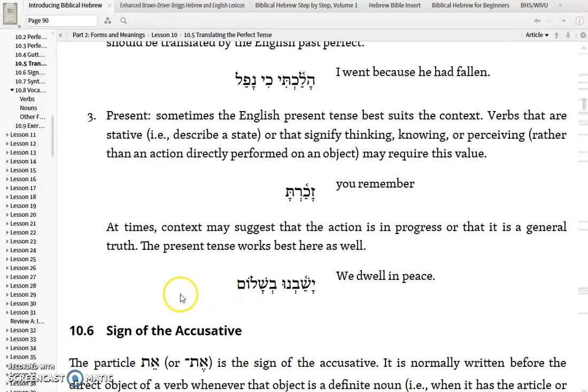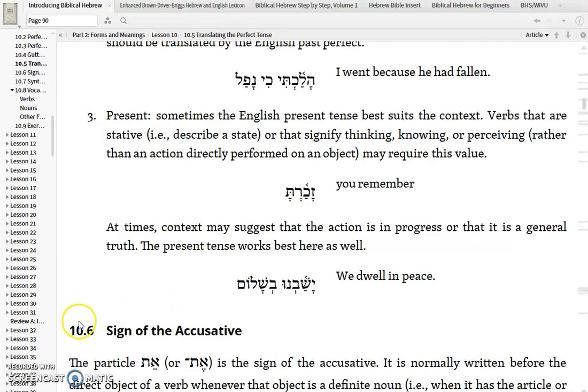And at times, context may suggest that the action is a general truth, and present tense will work well with that. So if the context of shavat, yashav, nu ba shalom is something that's always true, then we would say not that we dwelt in peace or that we have dwelt in peace, but that we dwell in peace, something that's always true.